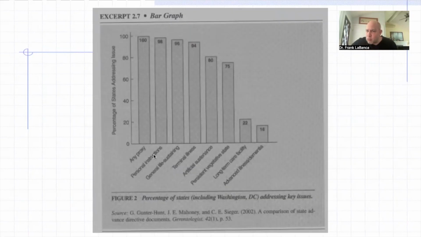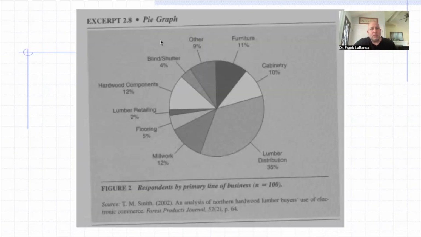But it's discrete because personal instructions don't have anything to do directly or continuously with general life sustaining or terminal illness, artificial sustenance. These items are not directly related, so we draw them as bars, because it doesn't matter that this is 100 to this being 98. They're independent sets of information.